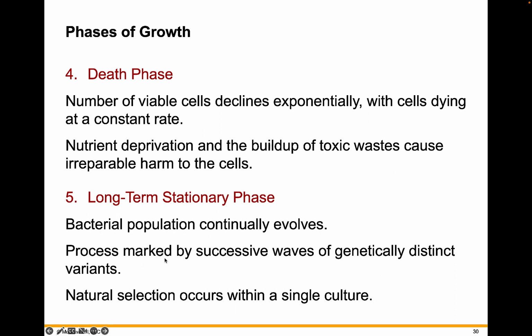This process is marked by successive waves of genetically distinct variants, and natural selection may occur within a single culture. In this long-term stationary phase, a very small number of viable bacteria may be present in the culture, which may be there for a few weeks to months, even years, depending upon what kind of bacterial genus and species it is.